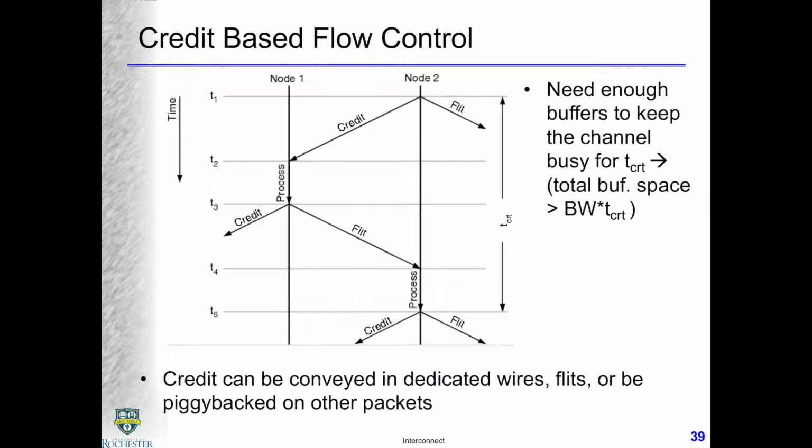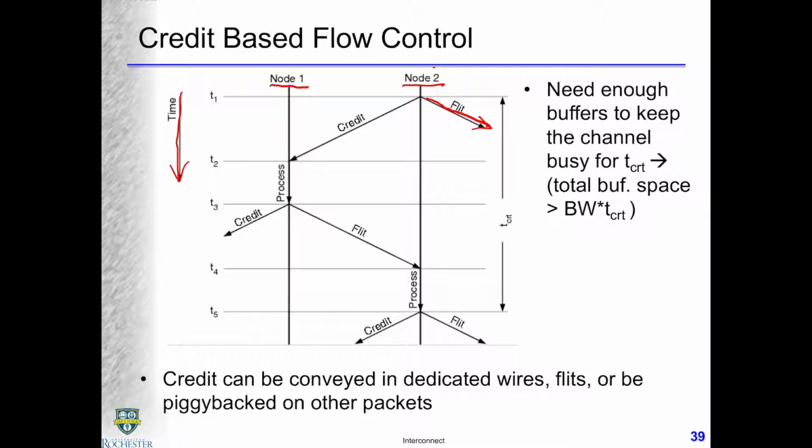So let's think about this notion of credit. Right now, node 1 in this picture is the upstream neighbor sending to node 2. As time goes down in the picture, what happens? When node 2 sends a flit away to its downstream neighbor, now I get a free flit because I'm using a credit system.